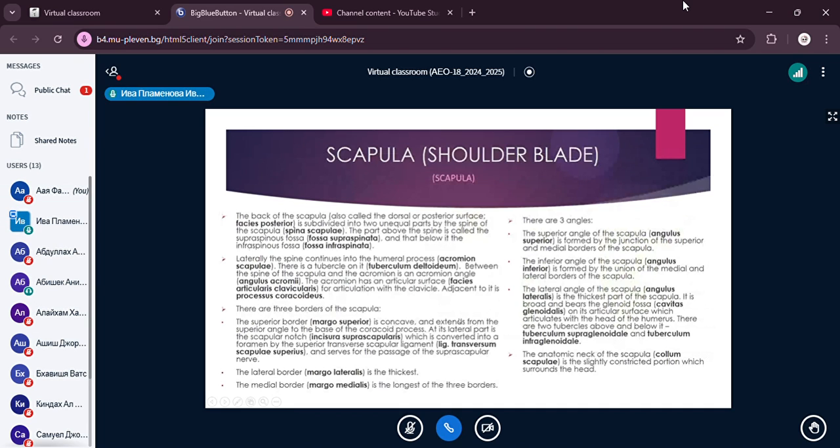Laterally, the spine continues into the humeral process, or in Latin, acromion scapulae. There is a tubercle, tuberculum deltoideum. Between the spine of the scapula and the acromion is the acromion angle, angulus acromii.